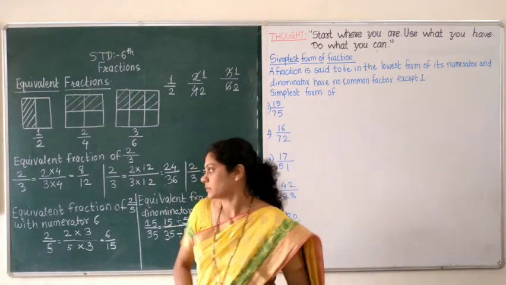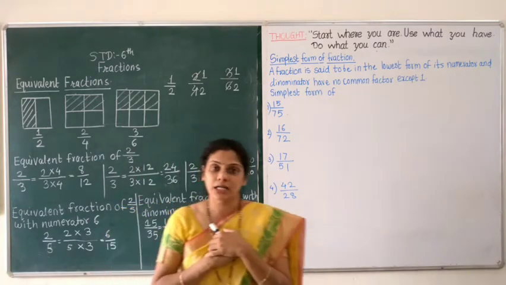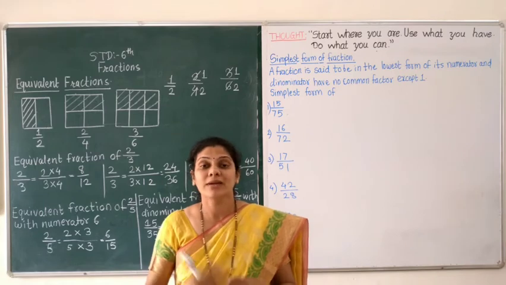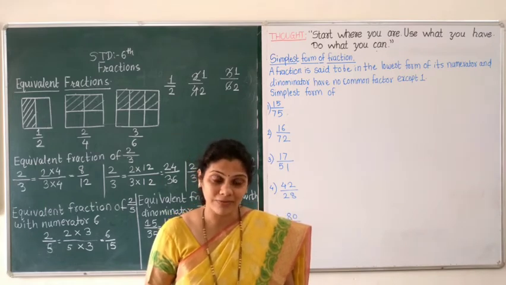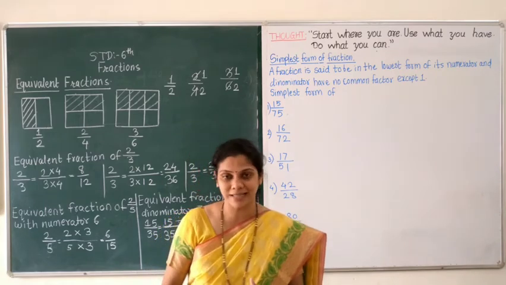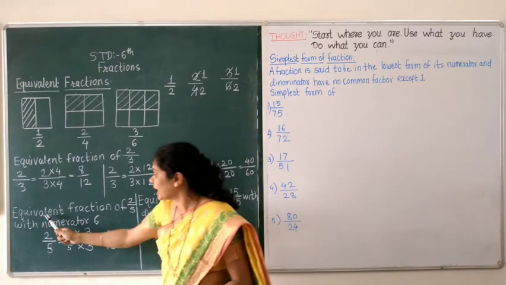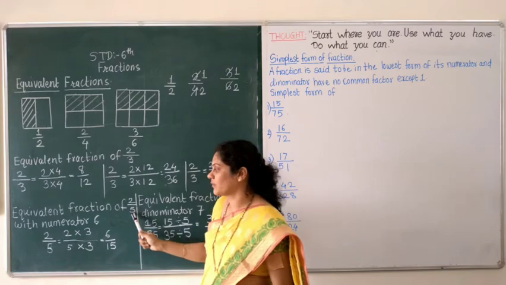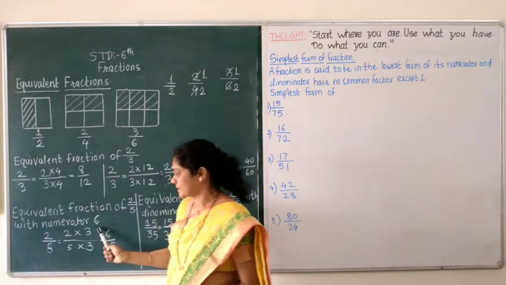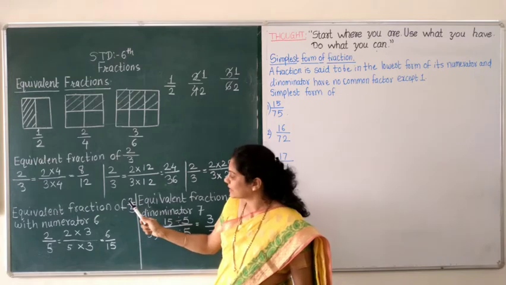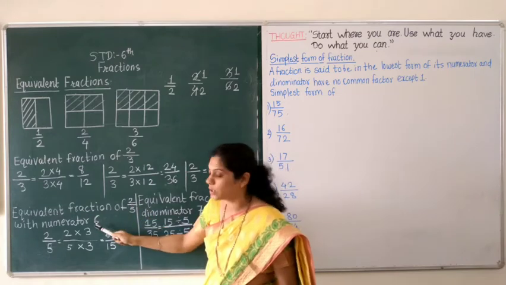Okay. Now if they give us a condition, then with the help of that condition, we can easily decide whether we have to multiply that fraction or divide that fraction. Okay. So look at here in this question, the equivalent fraction of 2 upon 5 with numerator 6. So in the 2 upon 5, 2 is the numerator and this numerator we have to convert into 6.